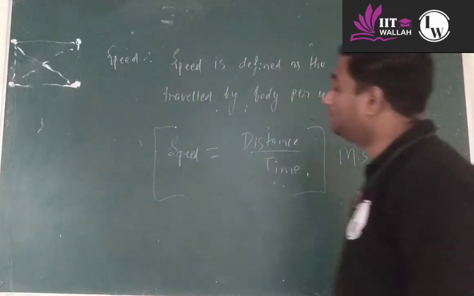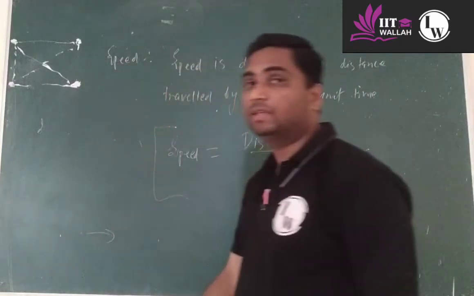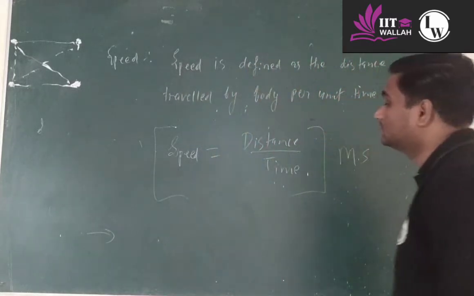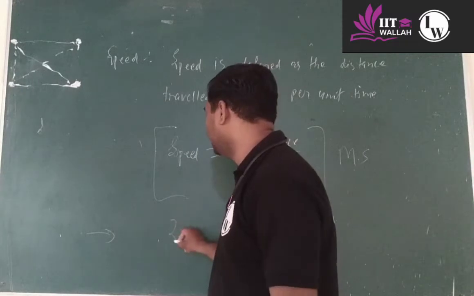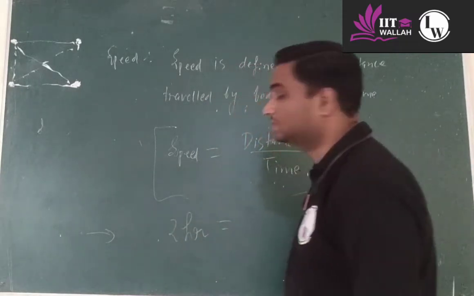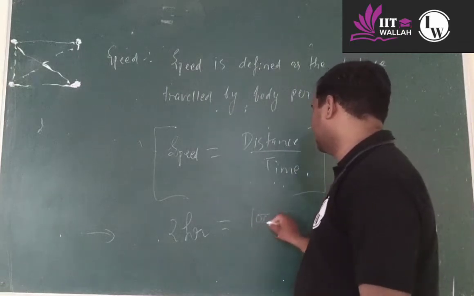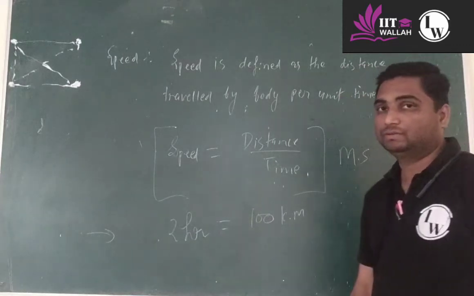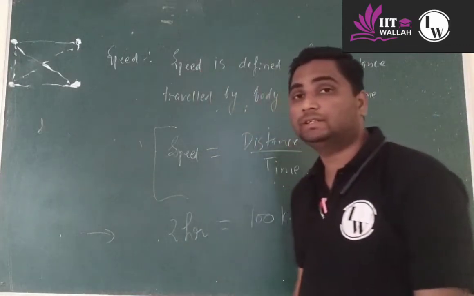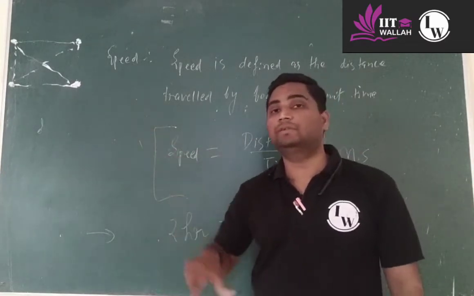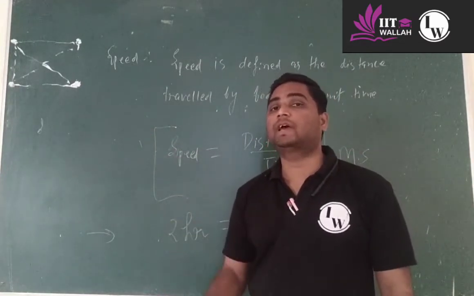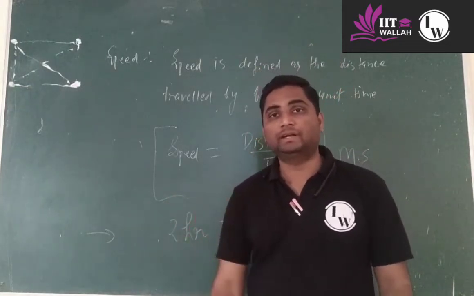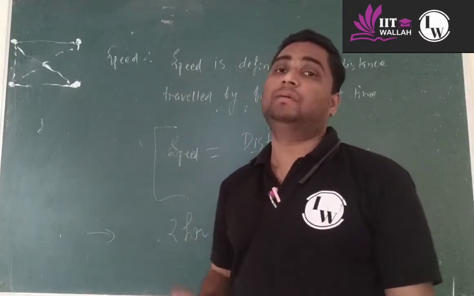Now you have to know something about speed. Now see the physical meaning of this. Suppose that a person goes 100 kilometer in 2 hours. So you know that speed is the distance traveled per unit time, and per unit time means per second, maybe per hour, maybe per minute, maybe per day, maybe per week.